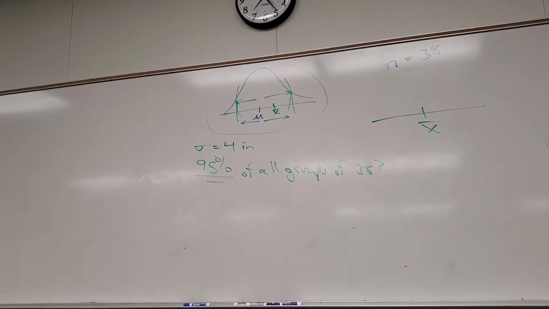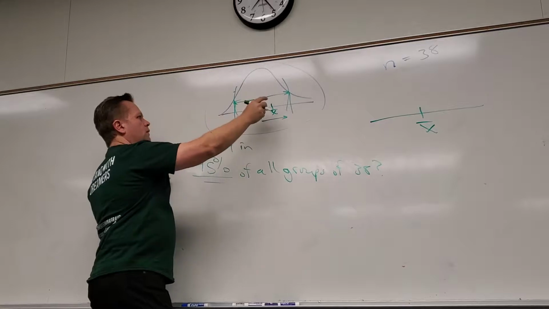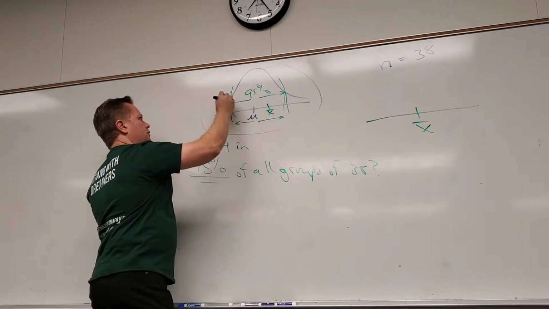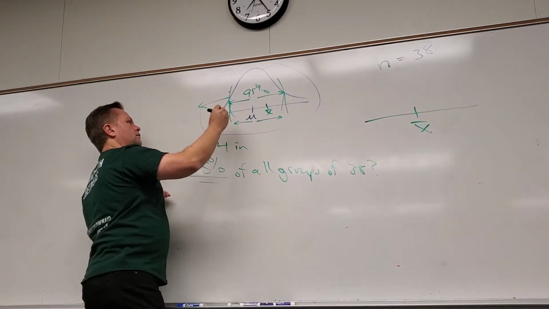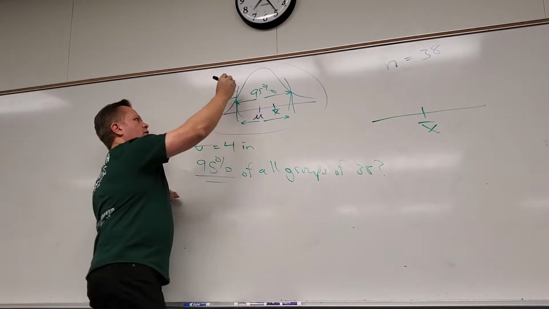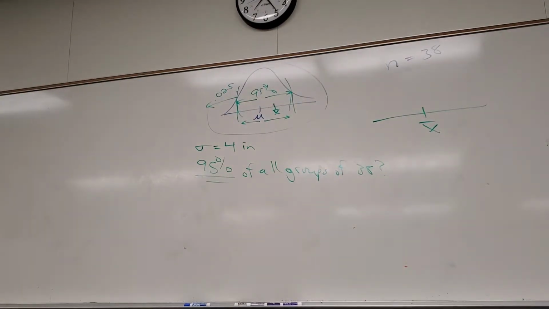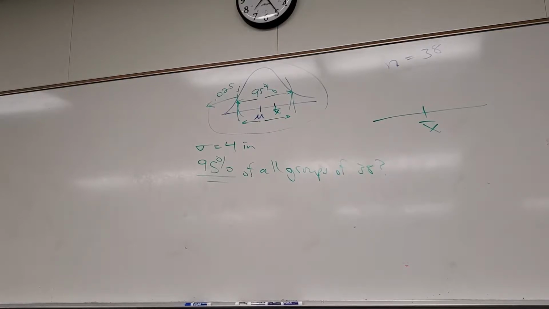If this is 95%, what's this? 0.025. Look that up real quick. Double check me with the z-score I said earlier. If you didn't hear me, look it up for yourself. What z-score does that correspond to?